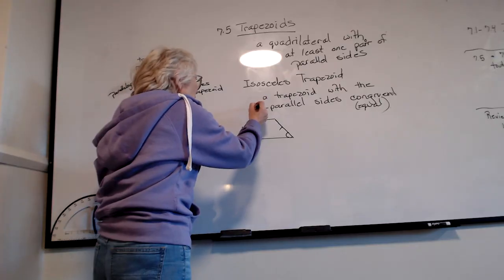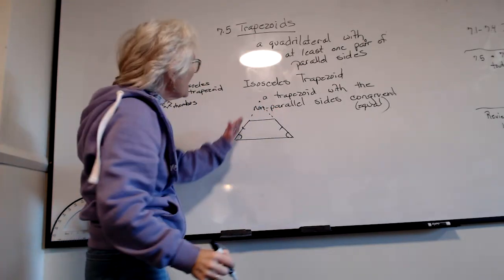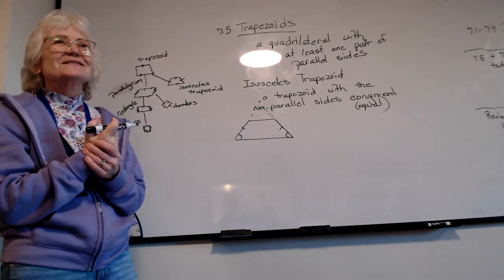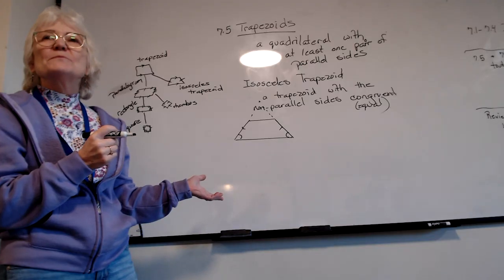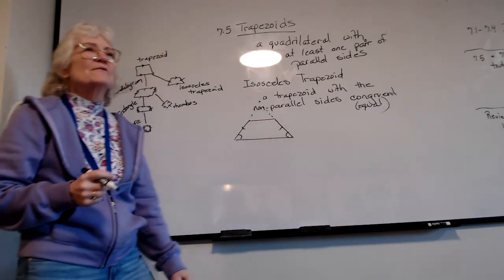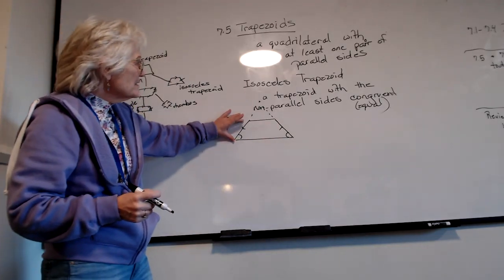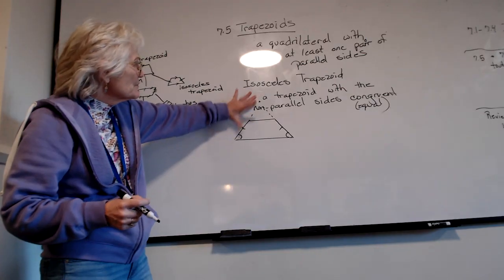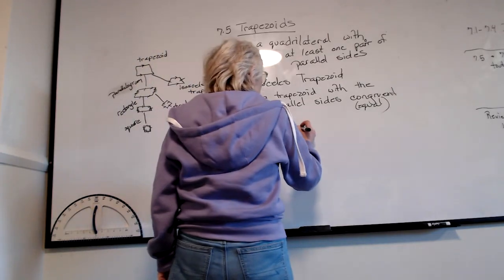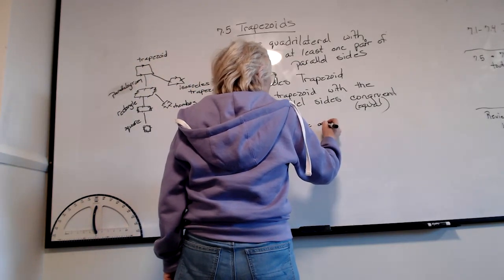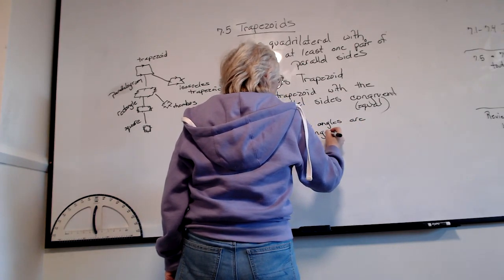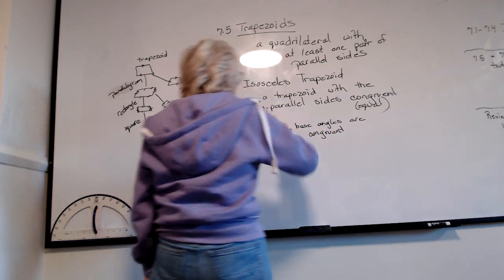If you extended those sides up to a point, it would be an isosceles triangle, and so the base angles would be equal because of that. This is just a portion, because we put a parallel line right through there. We make two isosceles triangles, one smaller, one bigger. That's really why you get that. So the base angles are congruent. Now, if I wanted to, I could flip this over.